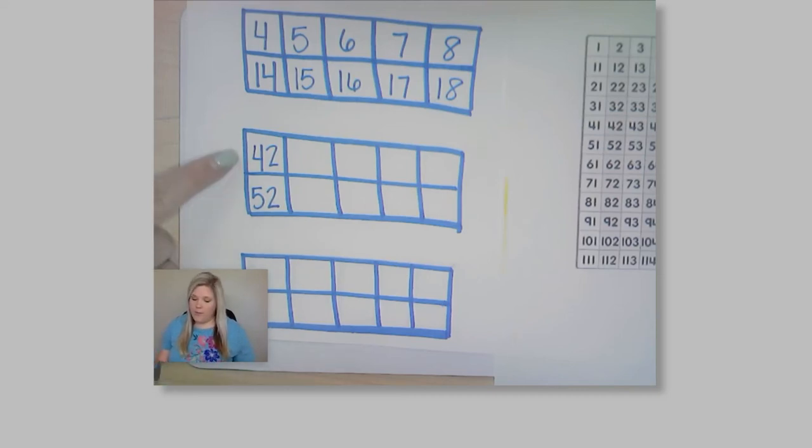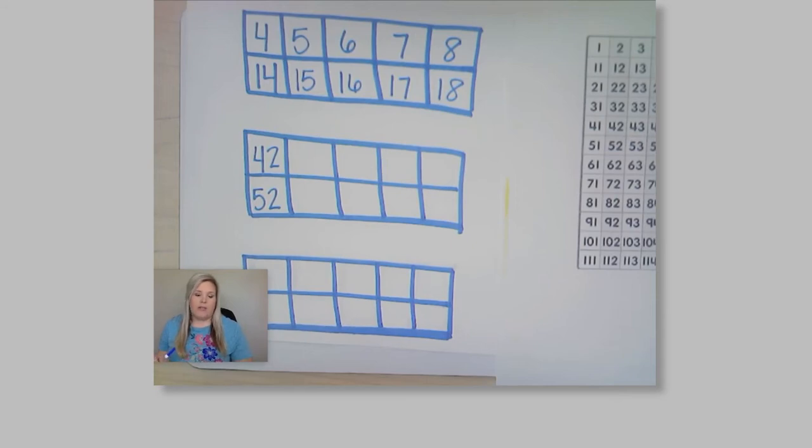You will write the number 42 at the top of your chart and then write the number 52 under the number 42. Your job is to fill in the chart with the next 4 numbers that come after 42 and after 52.